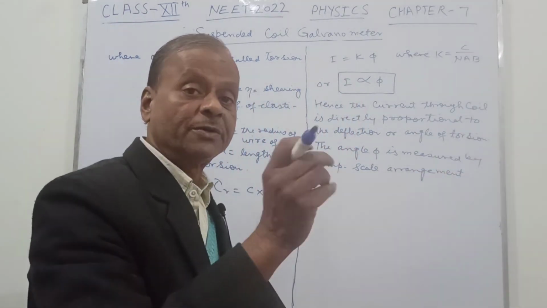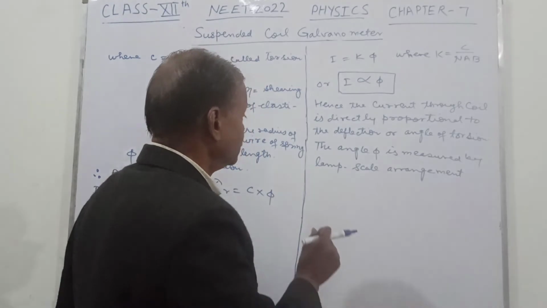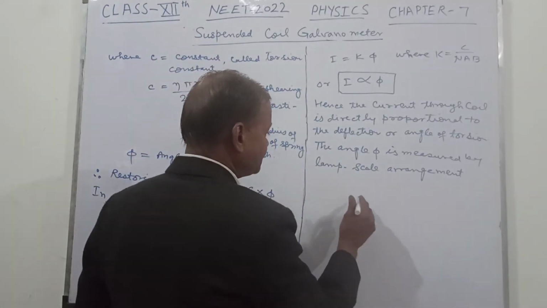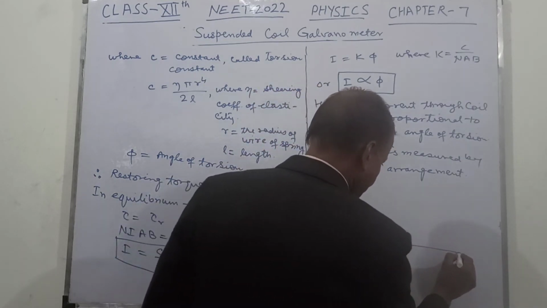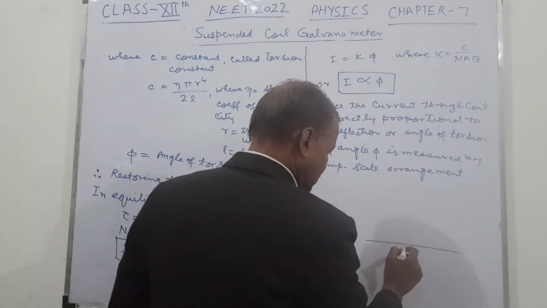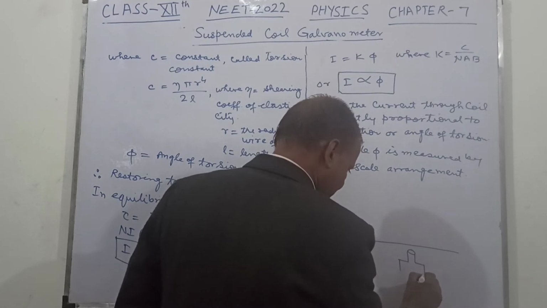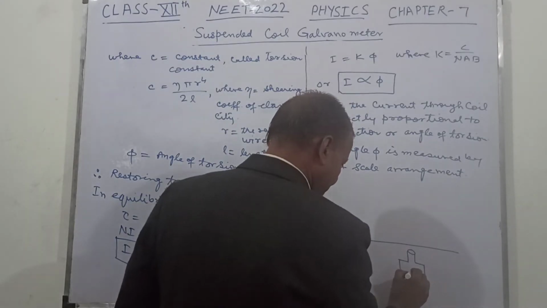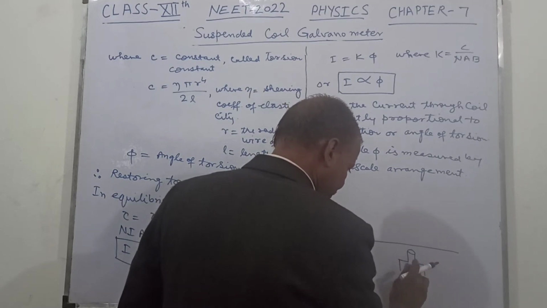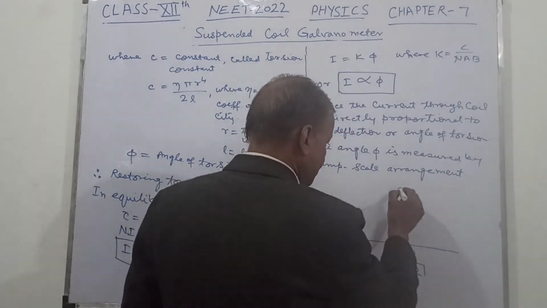For this purpose we use the mirror that is attached to the suspended phosphor bronze wire. So now this is the scale, and here we will have the lamp. This is the lamp, and then this is the concave mirror.